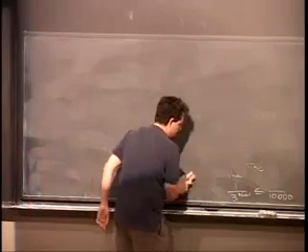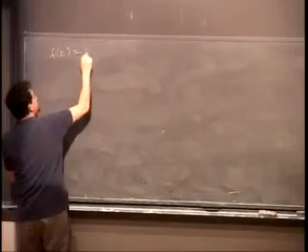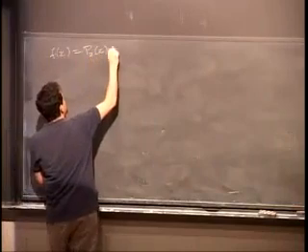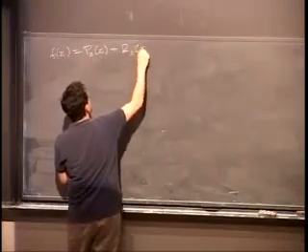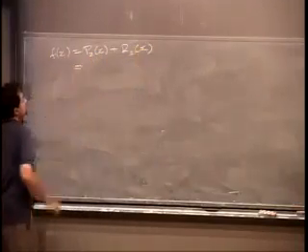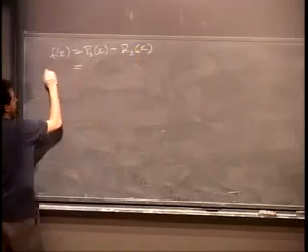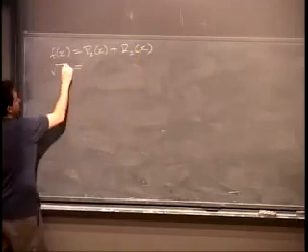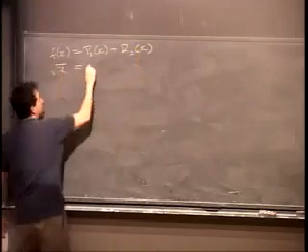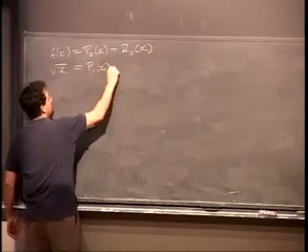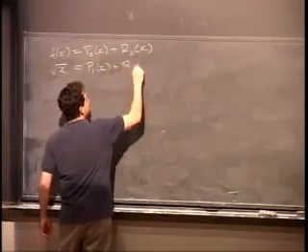So let's finish the problem. What we've seen, just to reiterate, is that f of x is p2 of x plus r2 of x. Now f of x is equal to, in this case, the square root of x. So this is p2 of x plus r2 of x in general.